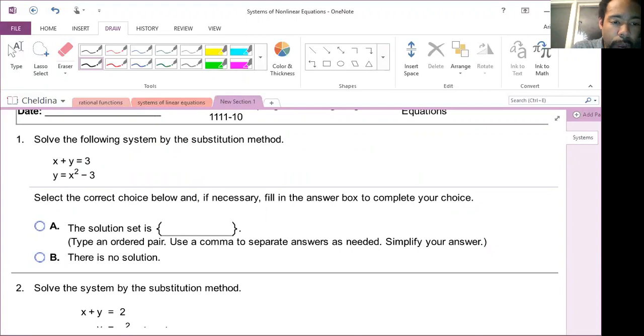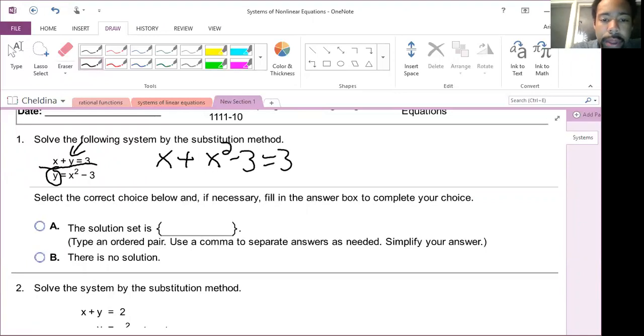I have x plus y equals 3, and I know that y is equal to x squared, and therefore I can substitute for this y with x squared. So x squared minus 3 equals 3. I bring everything to the left-hand side. This means that x squared plus x minus 6 is equal to 0.